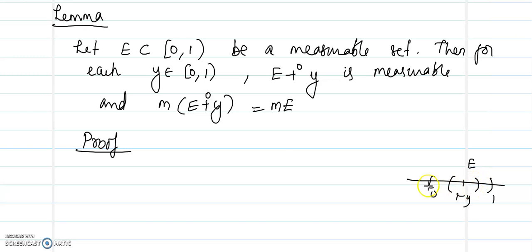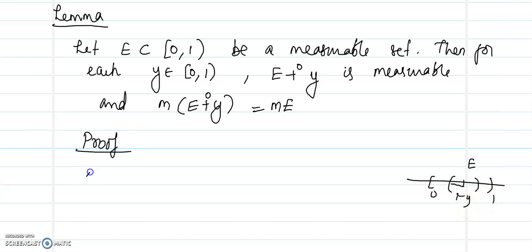Then E can be expressed as the union of these two sets: from this point to 1 minus y, and from 1 minus y to this point. So let us define E to be the union of these two sets.